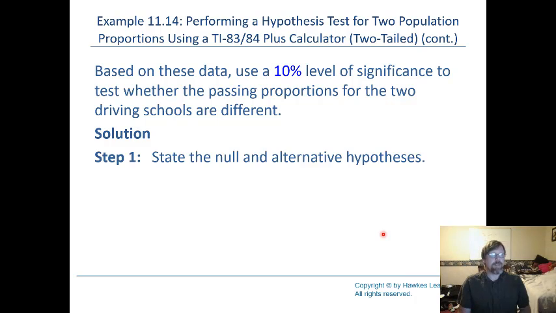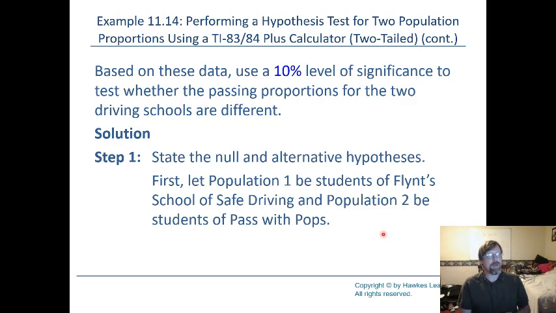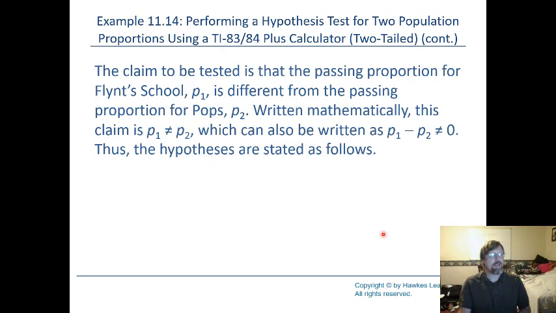All right, let's start with the null and alternative hypotheses. We'll set population 1 as Flint's, population 2 as Pops. The claim is that the passing proportion in Flint's is different from the passing proportion in Pops, so this is going to be two-tailed, right? We're claiming that the two proportions are not equal, which you can claim as proportion 1 is not equal to proportion 2.